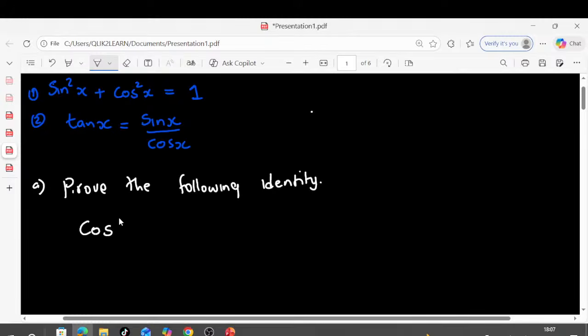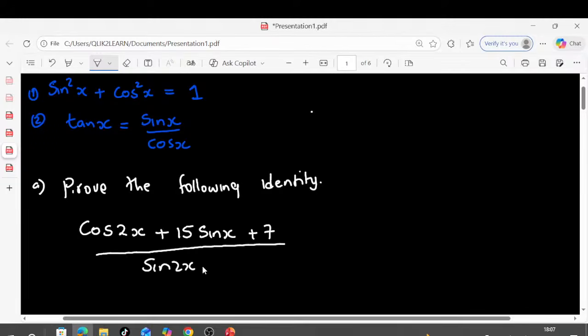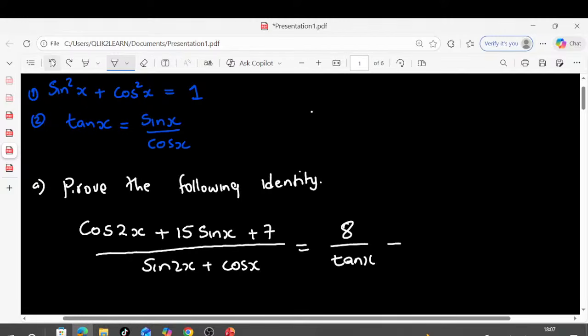This will be the cos of 2x, then we add 15 sine x plus 7, and everything is divided by the sine 2x plus the cos x, and let's equate this to 8 over the cos x minus tan x.